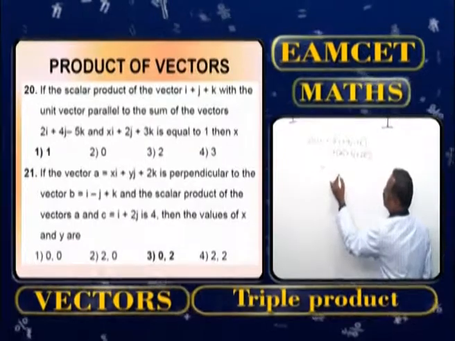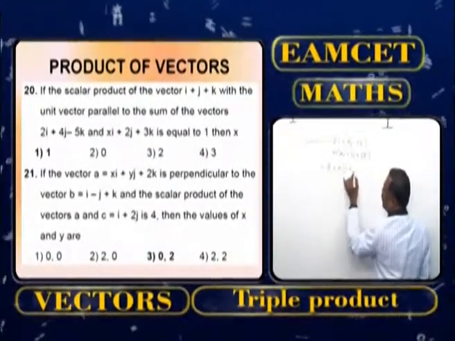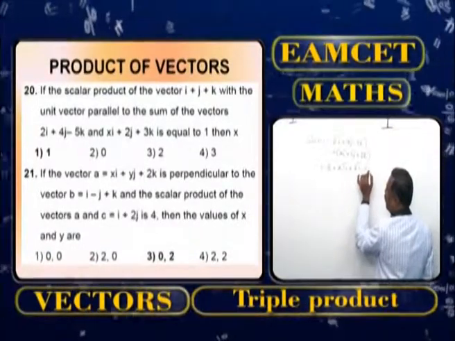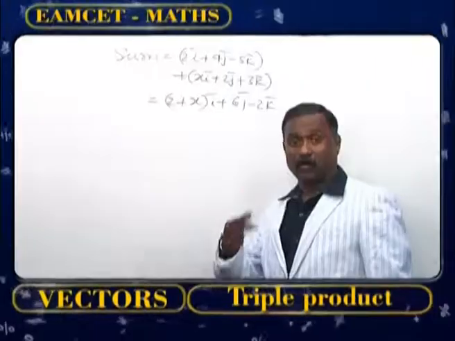This is the sum. It should be 2 plus x into i plus 6j minus 2k. This is the sum. So what do you understand by the problem?